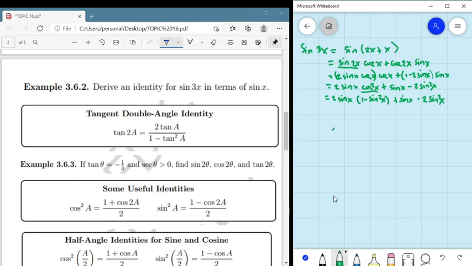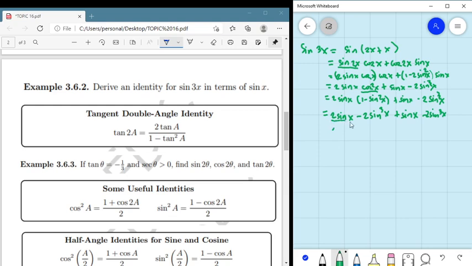Then let's distribute. This will be 2 sine x minus 2 sine cubed x plus sine x minus 2 sine cubed x.